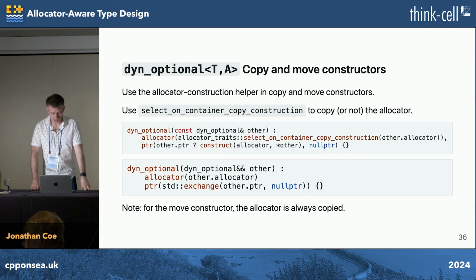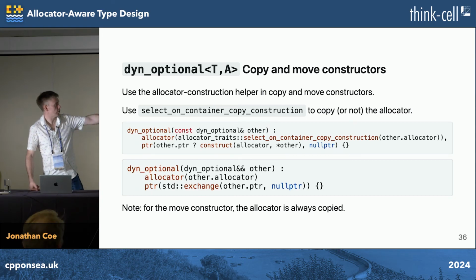So copy and move constructors. Here we use this select on container copy construction to decide what to do with the allocator. And then we use the construct helper function passing in the allocator to construct a new object if there was something in the object we're copying from. And if we're not copying anything, then it just goes into this null state.